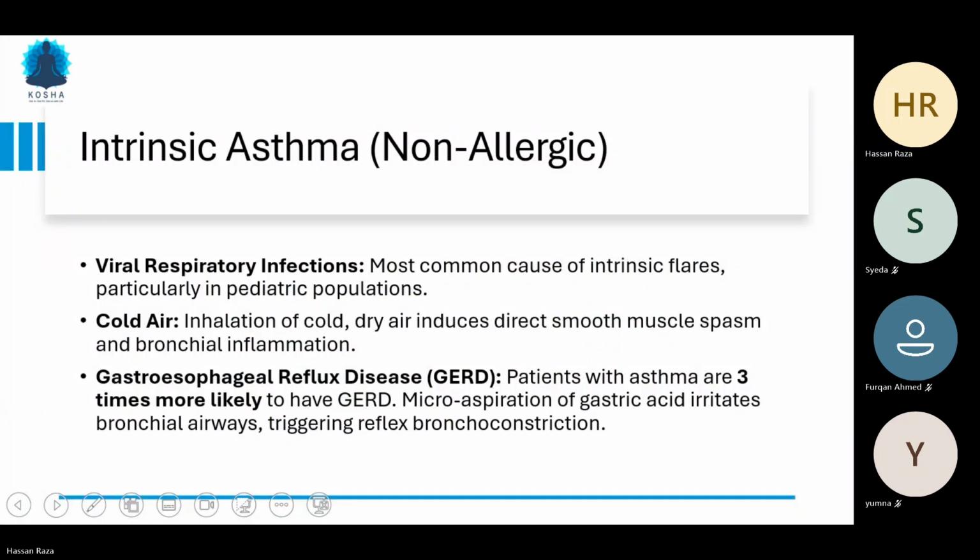Now, another type of asthma I already discussed with you is intrinsic asthma, which is non-allergic. It is due to some viral infection. It may be due to cold air, even gastroesophageal reflux disease, because when acid reflux happens, it can also cause some bronchoconstriction. So their pathophysiology is not quite the same as extrinsic asthma, and therefore we categorize them as intrinsic asthma.